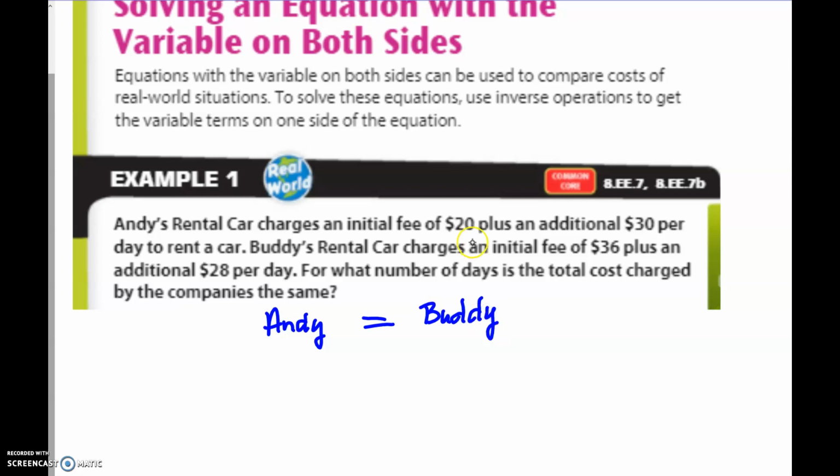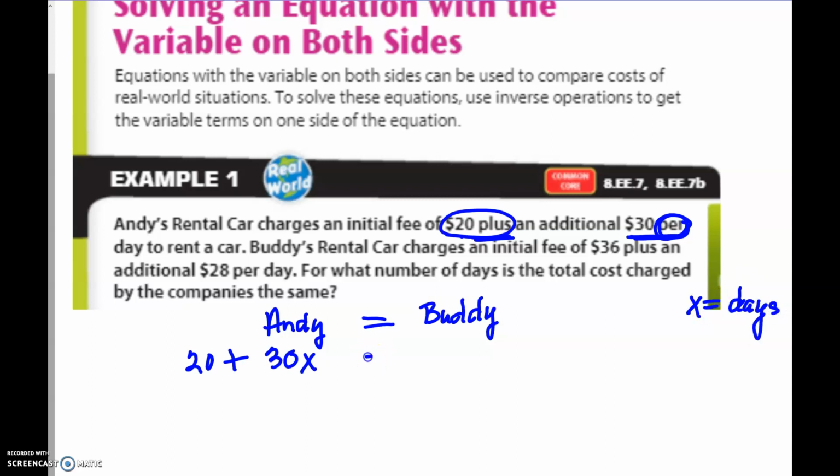All right, so Andy charges $20 plus an additional $30 per day. So X is going to stand for days that we're going to rent the car.